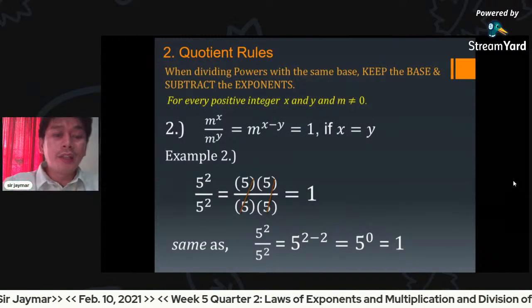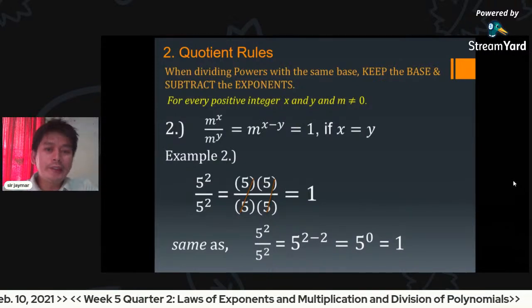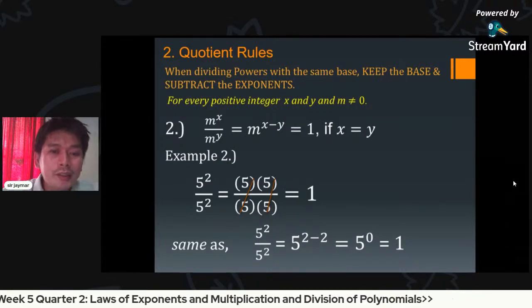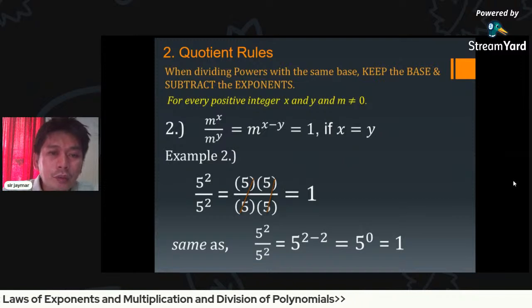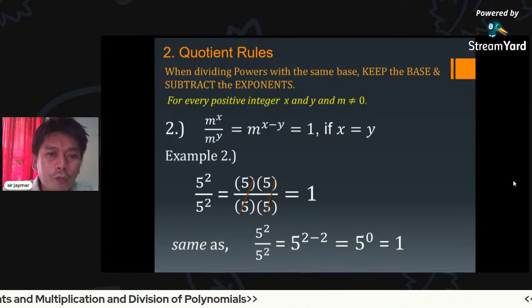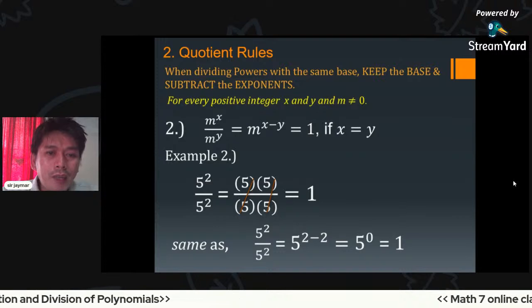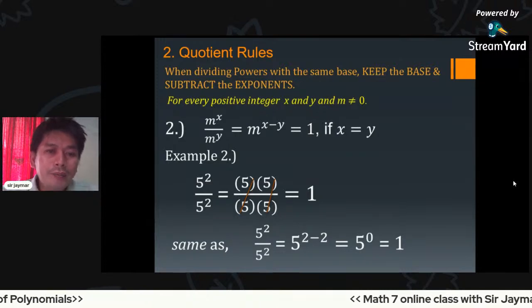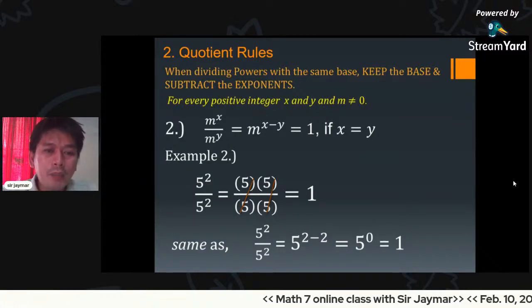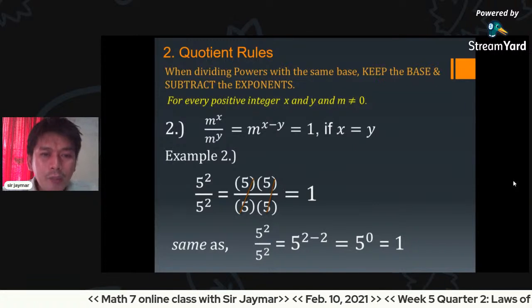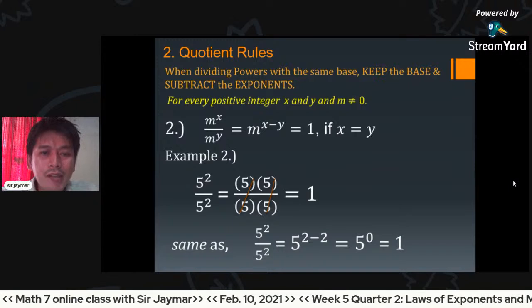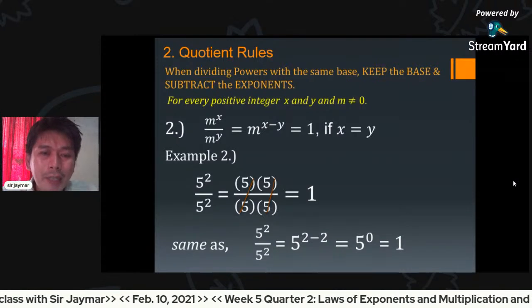Okay, example number 2, in same exponent, when x equals y. So 5 raised to 2 divided by 5 raised to 2. The expanded form of 5 squared will be 5 times 5, divided by 5 squared, again expanded will become 5 times 5. So cancel all the 5s from numerator and denominator.